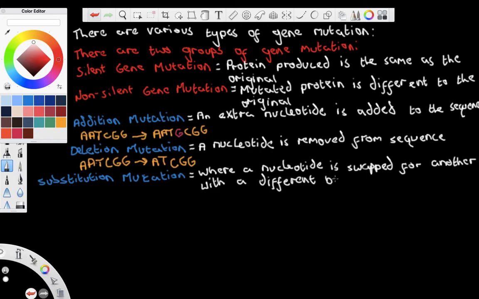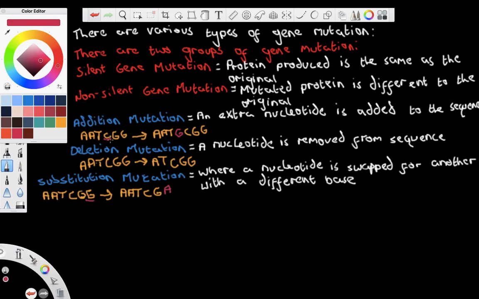Now, a substitution mutation is what we were talking about earlier. So rather than having A, T, C, G, G, you may have A, T, C, G, and then an A. So we've swapped this G for the A. Okay.